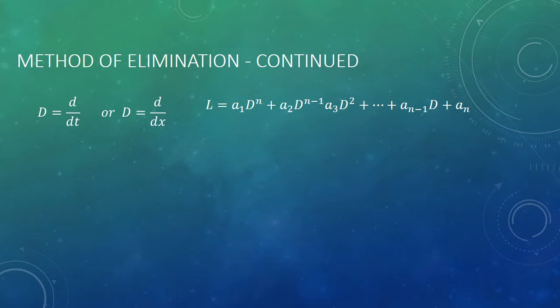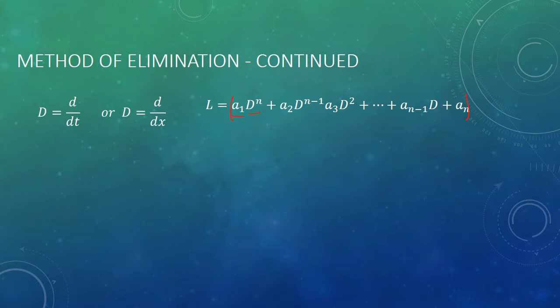And then I can create this operator that the book likes to call L, which is a sum of n-order derivatives, and there are also constants in there. So the a's are constants, and the d to the n is a derivative to the nth order, and so forth. So I can have many orders here, and I can multiply that times my x or y.